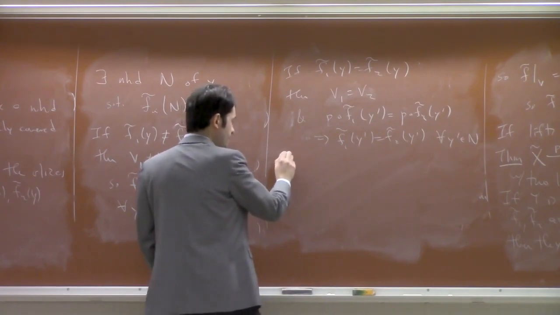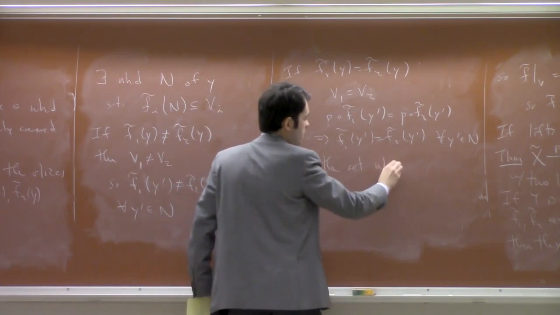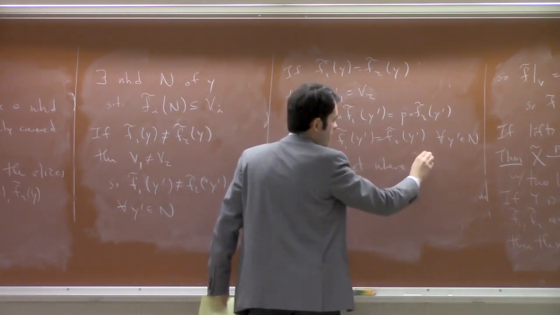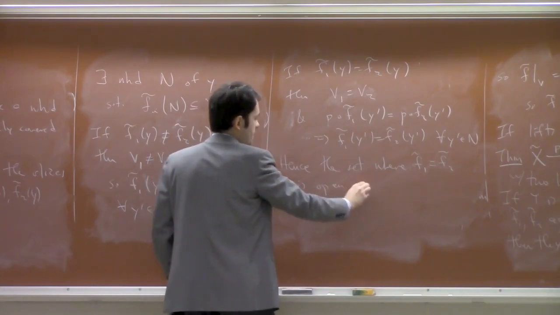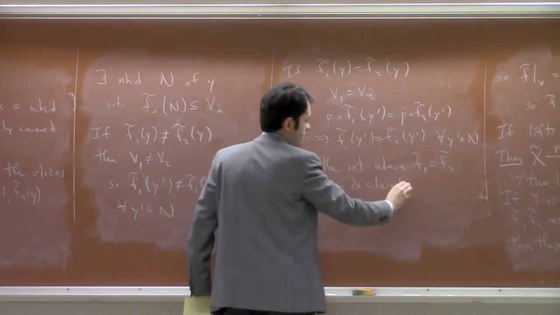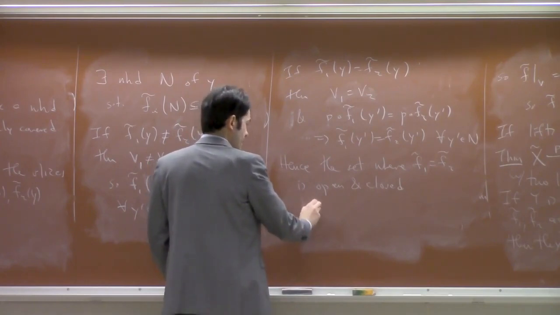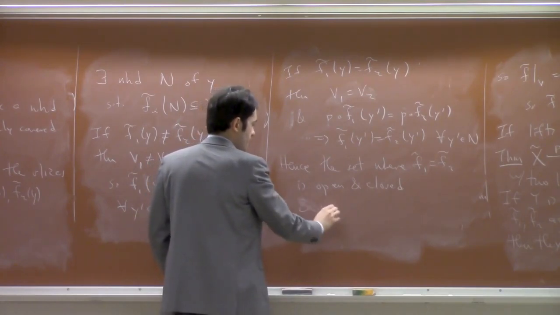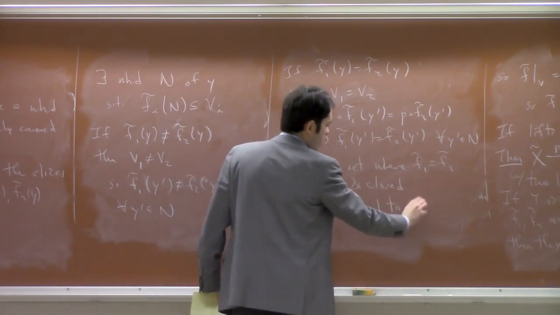So this shows that the set where f1 tilde is equal to f2 tilde is open and closed, and so is equal to all of Y.